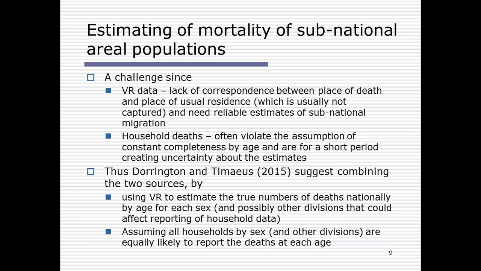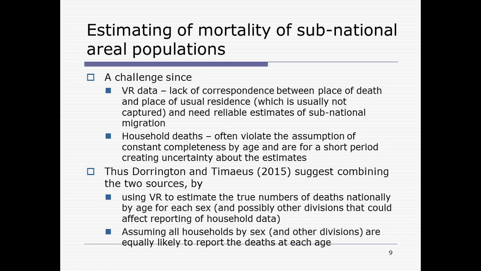And for household deaths, as I say, the assumption of constant completeness by age is often violated, and also the deaths cover a fairly short period, creating uncertainty. And so what Ian and I have been experimenting with is combining both data sources, using the vital registration data to estimate the true number of deaths nationally by age and sex, and perhaps any other division that could affect the reporting by household data.